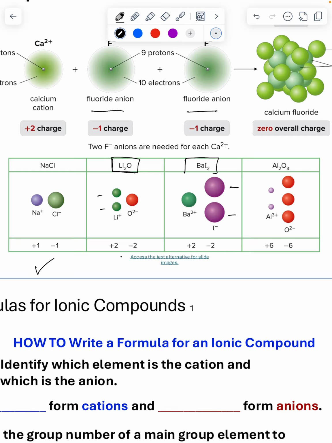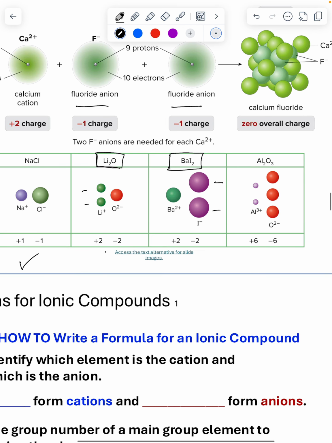This one's a little bit more complicated. We have aluminum 3+, and we have oxide, each with a -2 charge. And so when we look at the +3 and the -2, one way to look at this is to think about the least common multiple that they have in common. And the least common multiple is 6. So think about aluminum with its +3 charge.